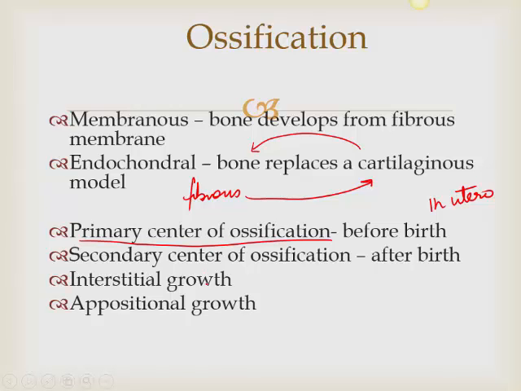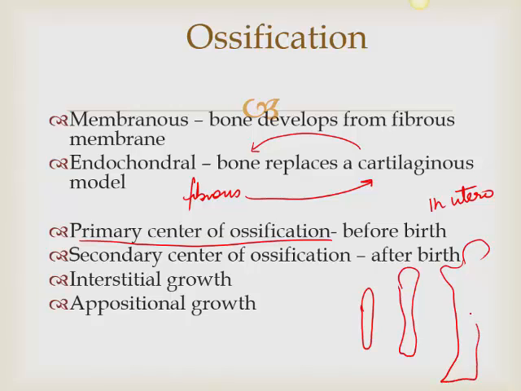Now, growth of bone can be in two ways. Bone can start like this, become like this, and then finally get its final shape. So it has grown in length. This kind of growth in length is known as interstitial growth. But bone also can grow in thickness.